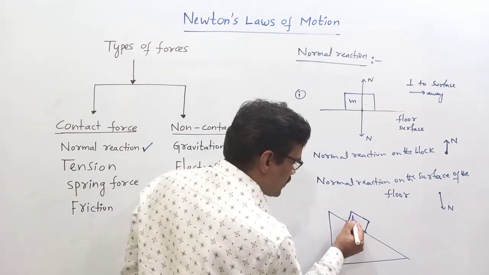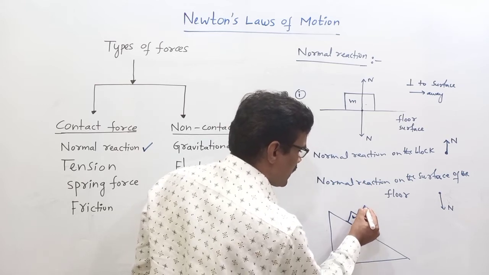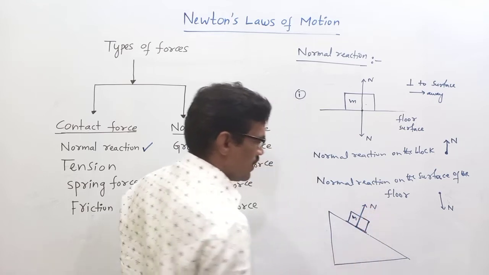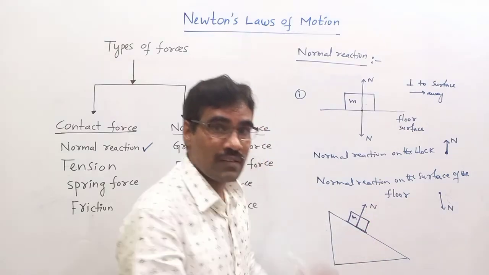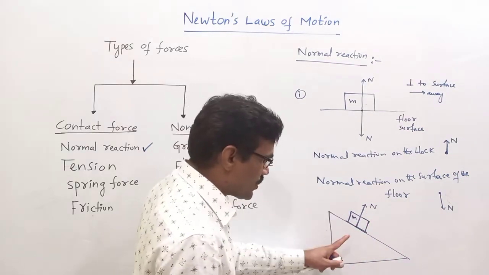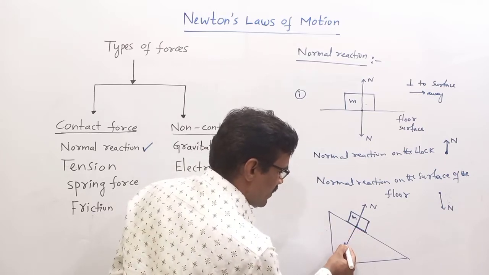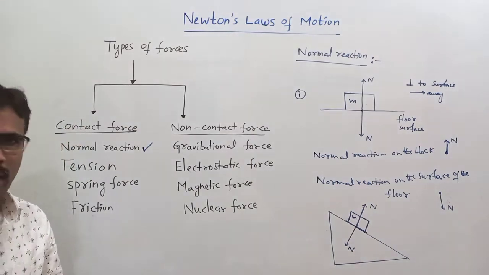Normal reaction on this block is exactly normal to the surface, perpendicular to the surface. This N is the normal reaction on the block. Normal reaction on the inclined plane is this side.